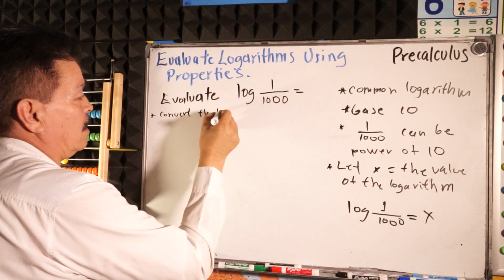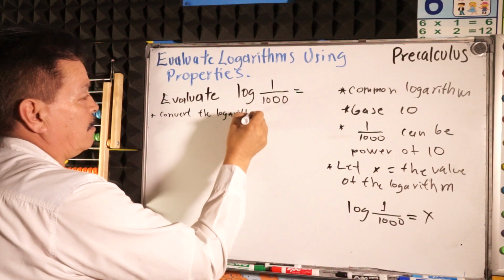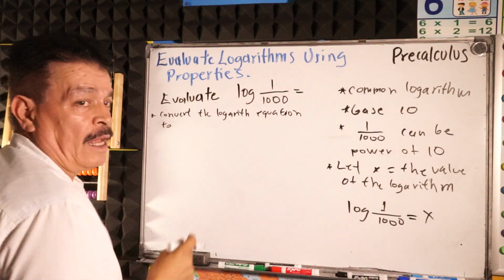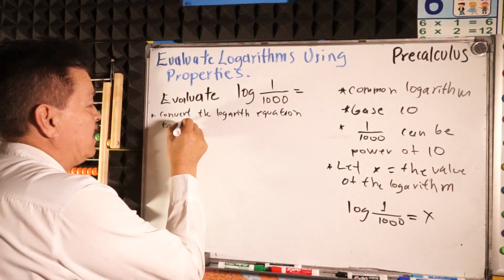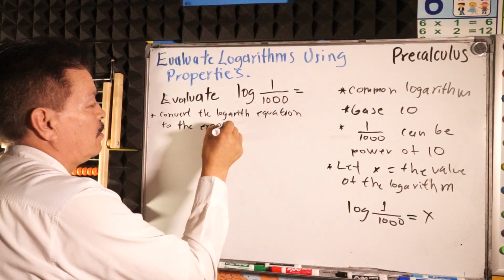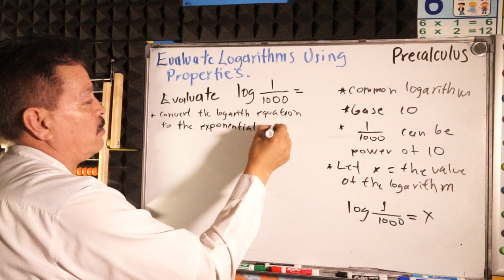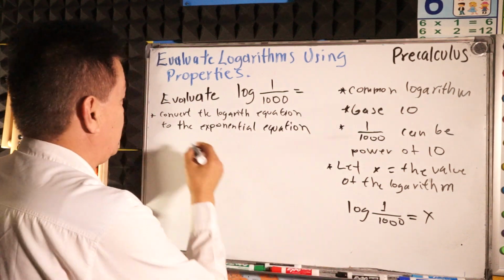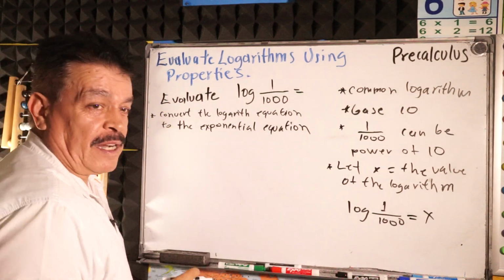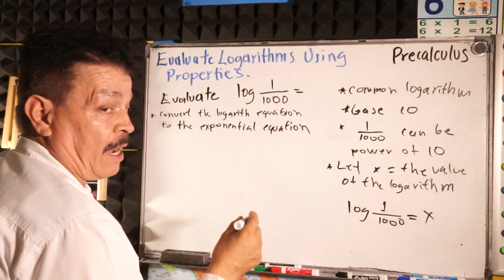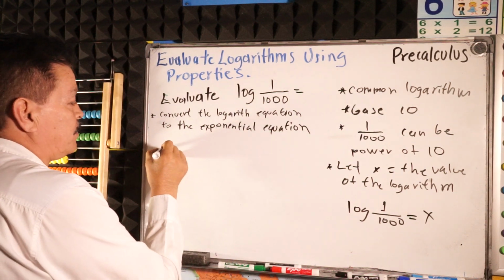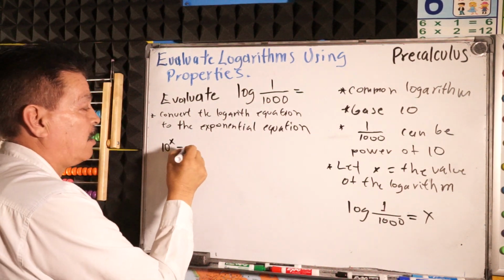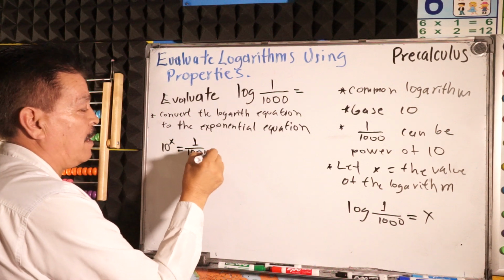It's very important to follow all the steps. So now just write 10 to the x power equals 1 over 1000.